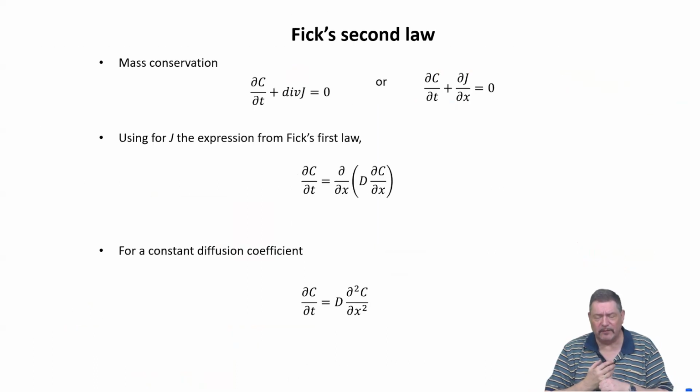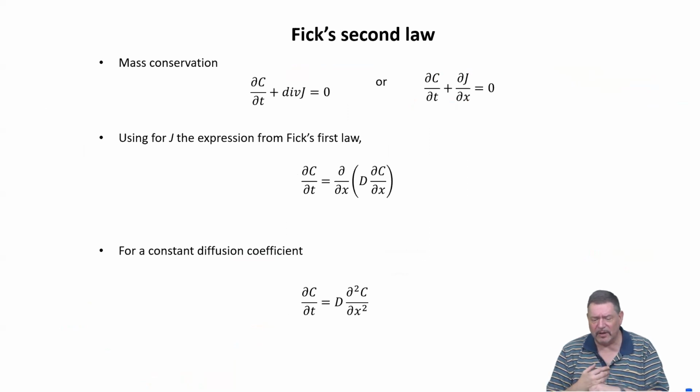We also need Fick's second law to solve and analyze diffusion profiles. This is also something which I just repeat because you've had it in your earlier lectures. So what we basically use is Fick's first law plus a continuity equation, which is mass conservation.